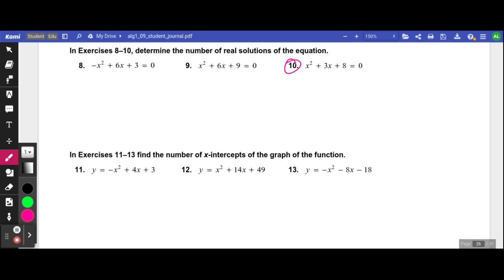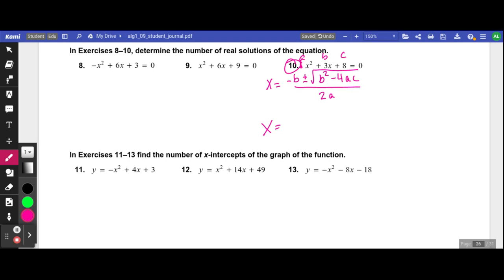All right, A, B, and C. Remember, my A is 1. I don't want to put x or x squared on anything. So I get x equals the opposite of b plus or minus the square root of b squared minus 4ac all over 2a. I'm going to start off by plugging in a negative b.